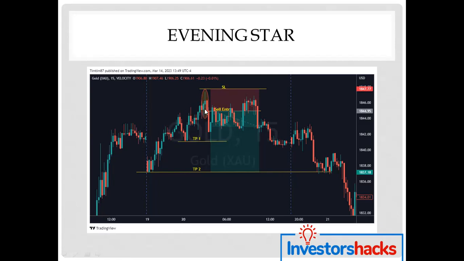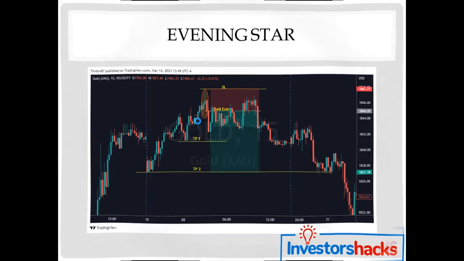So you'll be able to know that there's a likely change in direction coming. And therefore, once it finishes forming, or at the close of the third candlestick in this pattern, you now take your profit and exit from the long positions that you had in an uptrend.